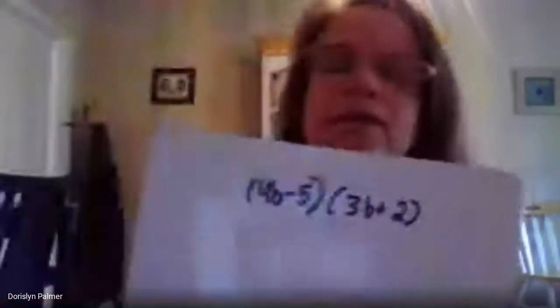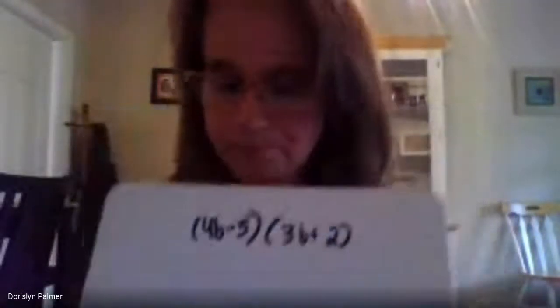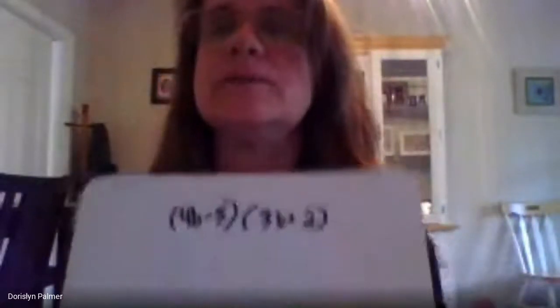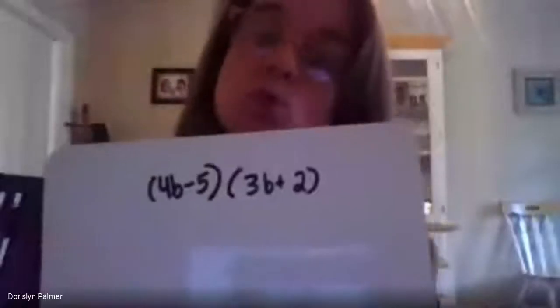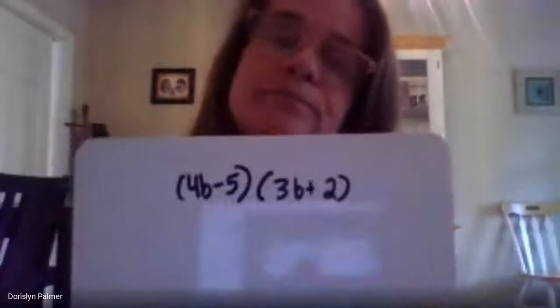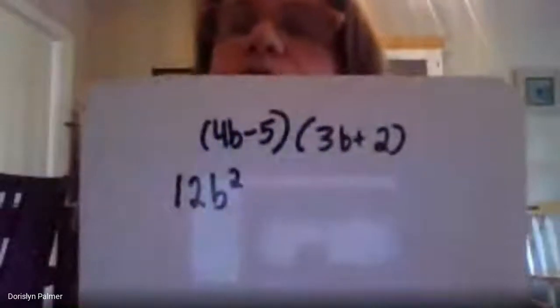All right, I see what you did. I'm going to work this one out and I'll show you what happened. I know how you got that. Okay, it's right here, Nathan. When you multiply your firsts, this 4B times 3B, that's 12B squared, not just 12B. So 4 times 3 is 12, and then B times B is B squared. So for your first term, you're going to have 12B squared. Then your outers, 4B times 2, that's plus 8B.